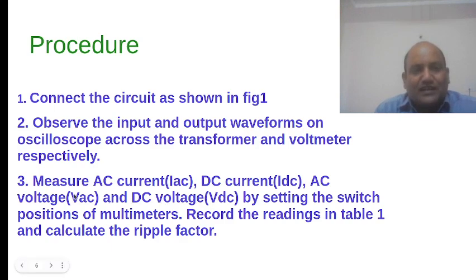Generally your multimeter reads the RMS value, IRMS, VRMS, and when you place the knob in DC mode, it measures the DC voltage and DC current.